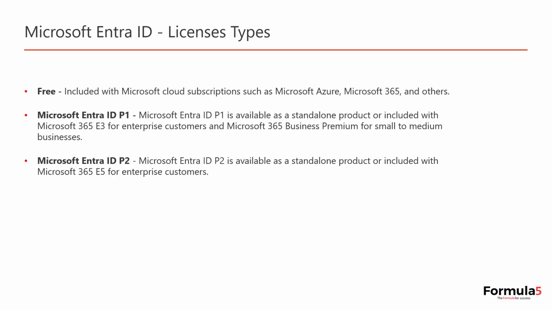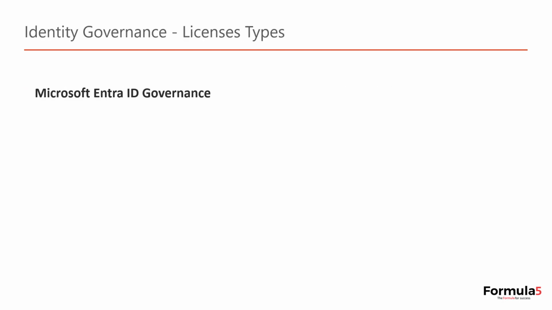So once we have one of those licenses, we can access Microsoft Entra ID Governance features. But to do it, we will need an additional license for that, a license for Microsoft Entra ID Governance. And here is the thing: there are two types of licenses, but they are about the same features to be accessed. Let me explain this.